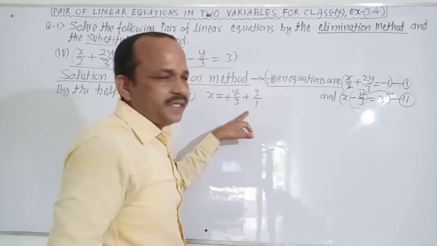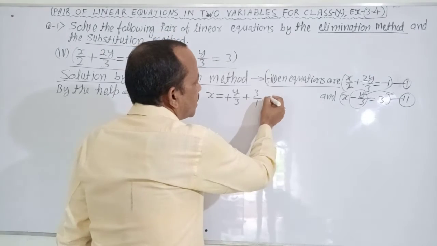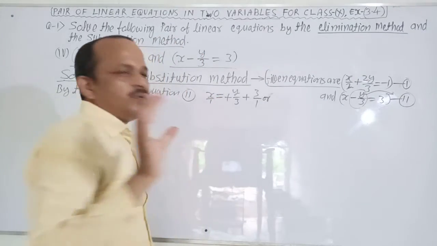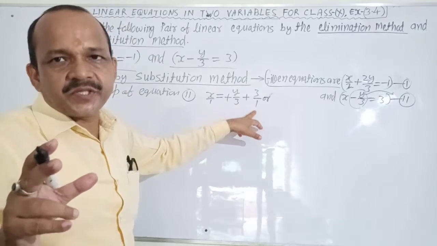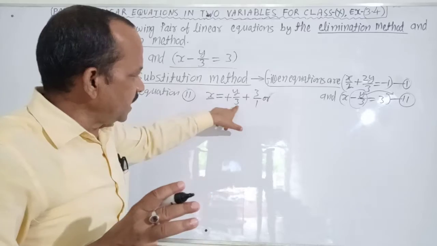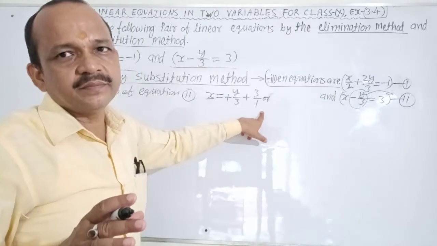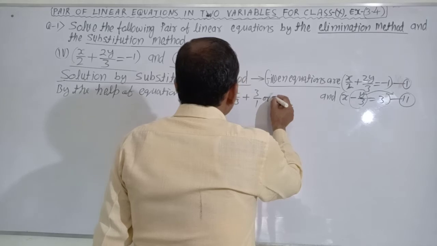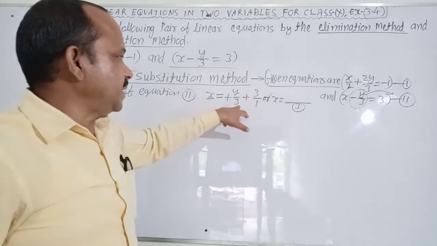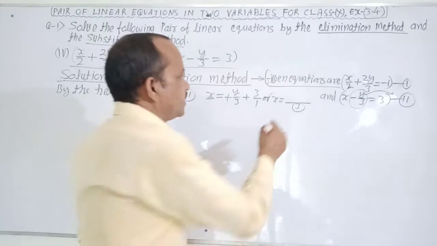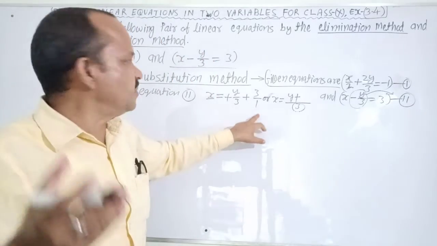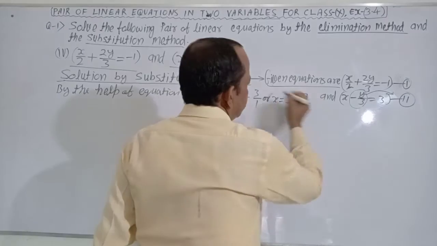You can take LCM of 3 and 1. It becomes x equal to, 3 divided by 3 you find 1, multiply y, it becomes y, plus 3 divided by 1 you find 3, 3 multiply 3 becomes 9.